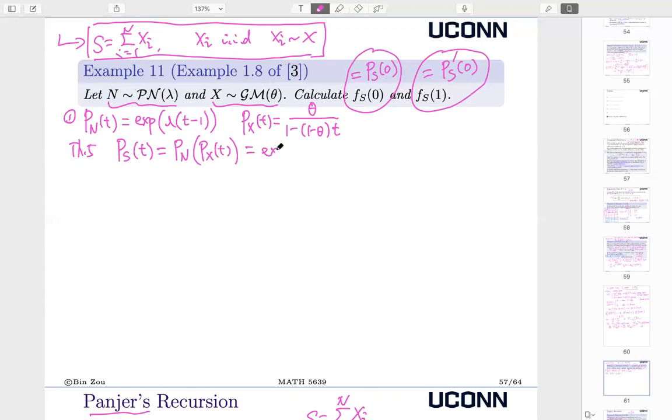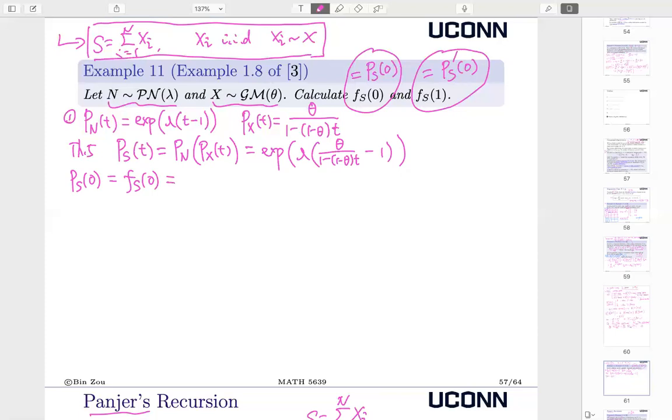Now I can write it as exponential of lambda times, and I'm going to replace t by P_X. By the substitution, we easily get this result. Now we have the probability generating function. For 0, we don't need to differentiate, right? So evaluate this at 0, and that gives me the probability at 0.